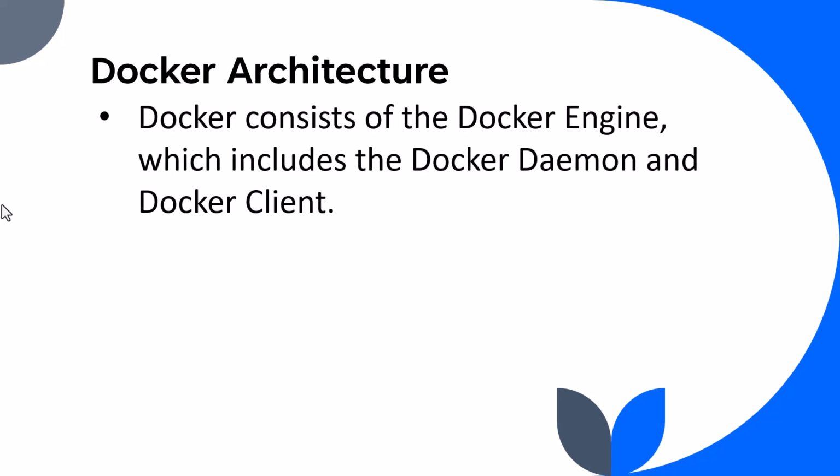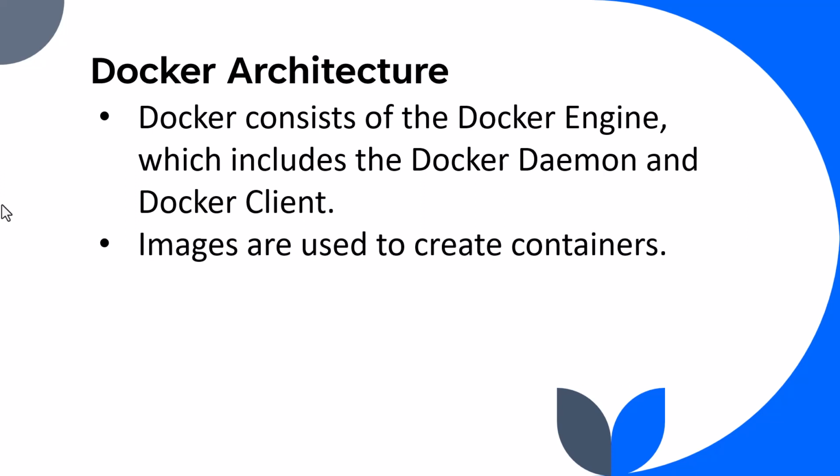Now let's see the Docker architecture. Docker consists of the Docker engine, which includes the Docker daemon and Docker client. Images are used to create containers. You can just imagine images are like classes in C#, or types, and objects made out of the classes are containers.